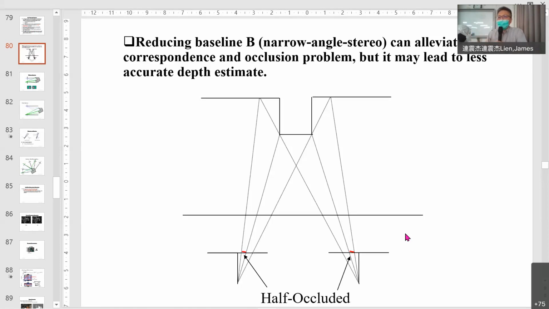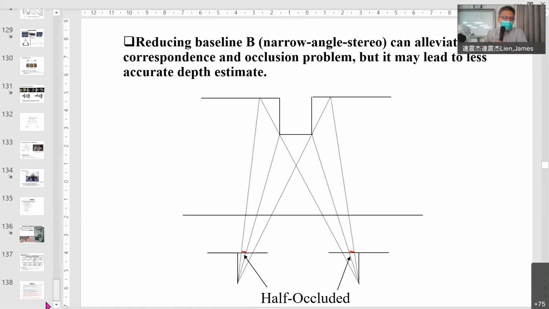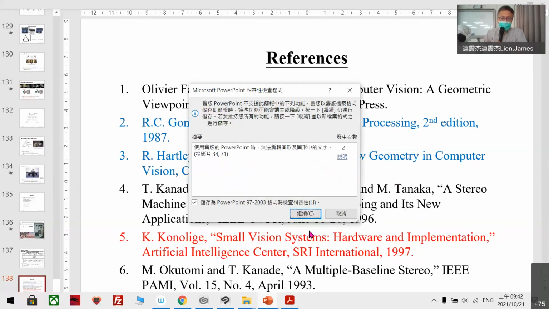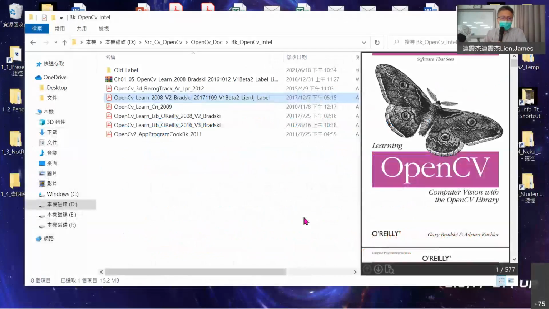But for SAD, the value goes from 0 to infinity, so you don't know the threshold. But it's fast, so how do we solve the problem? We do the left-right check. Okay, that's it for stereo. For next, today we want to finish SIFT.